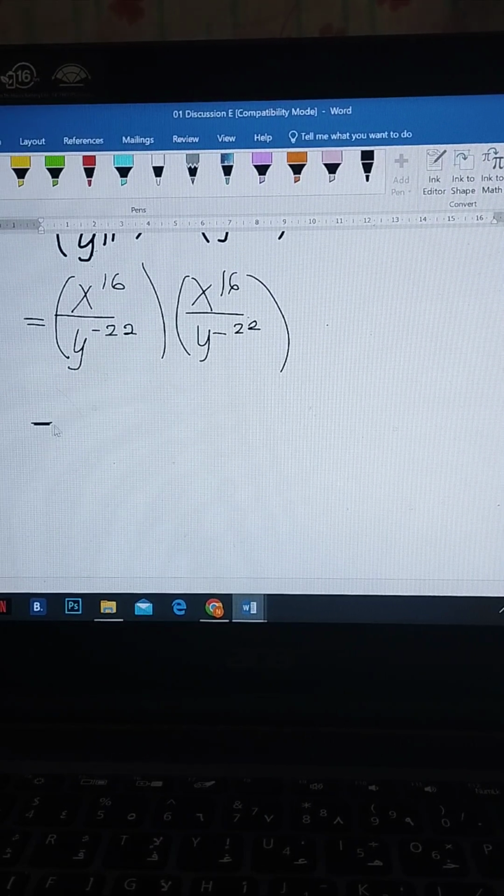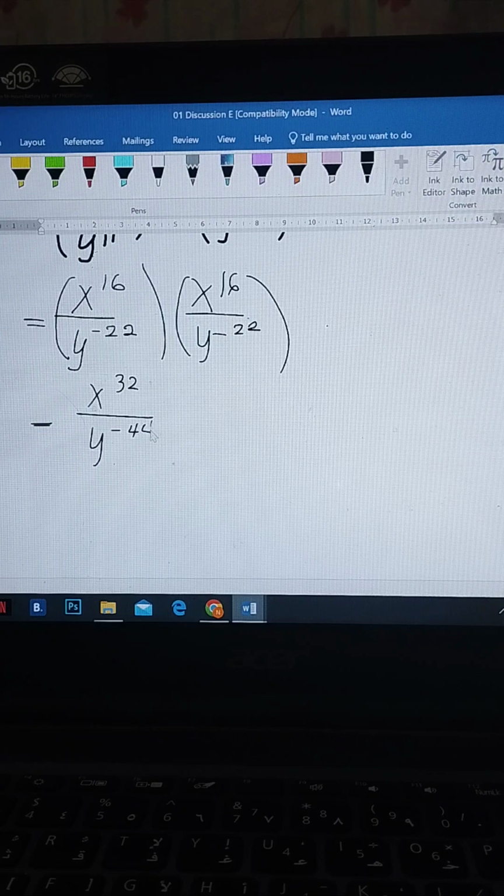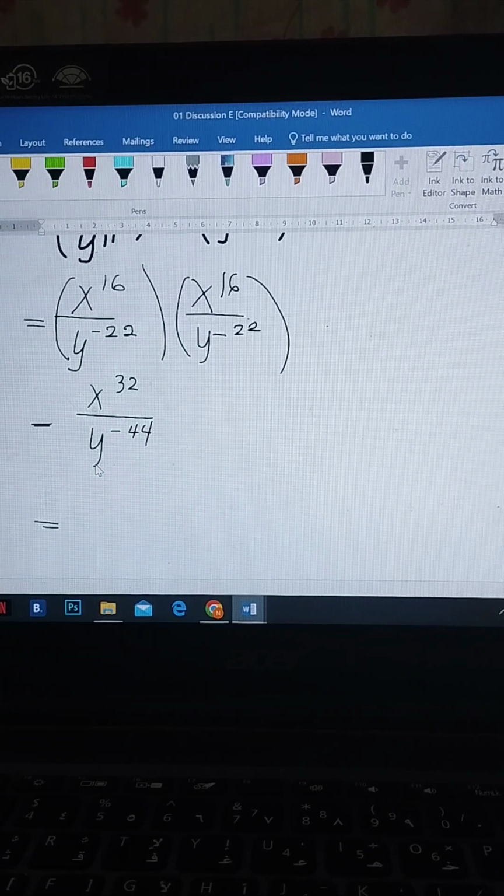Okay, so the law of exponents for product: if you are multiplying powers with the same base, add the exponents. So x raised to 16 plus 16 is equal to 32, all over y raised to negative 22 plus negative 22, negative 44. Since the exponent of y raised to negative 44 is negative, we just get the reciprocal.